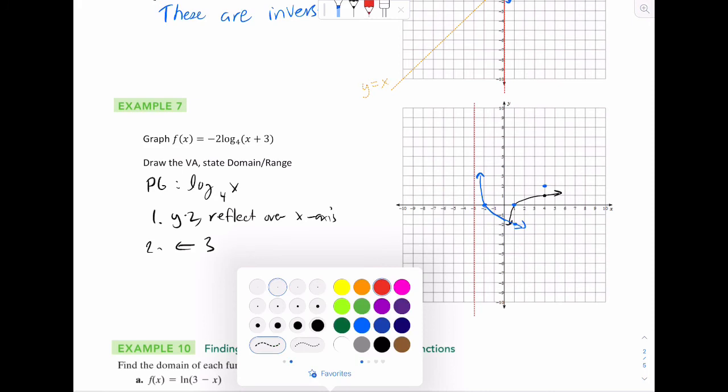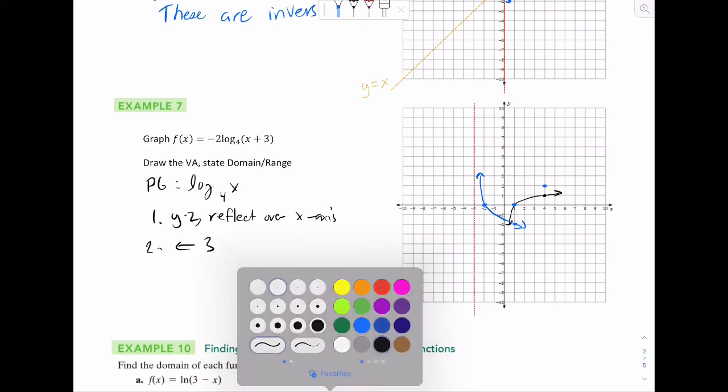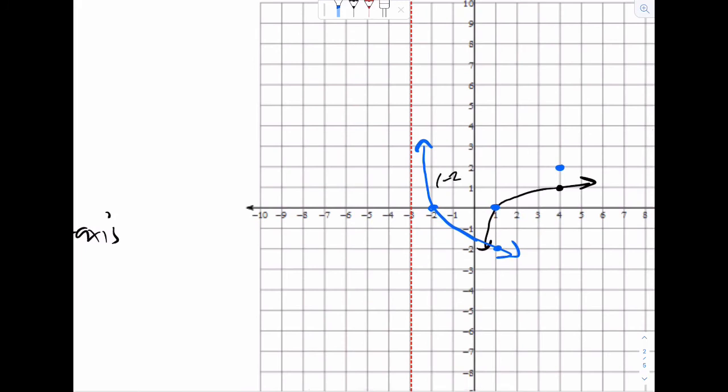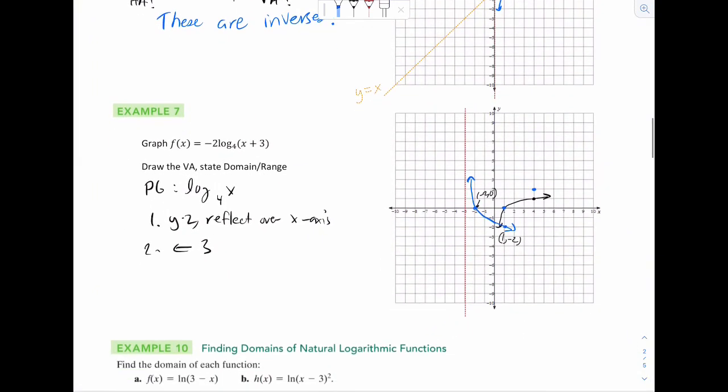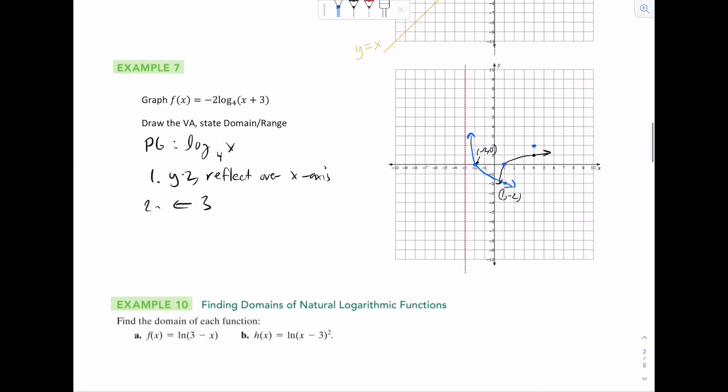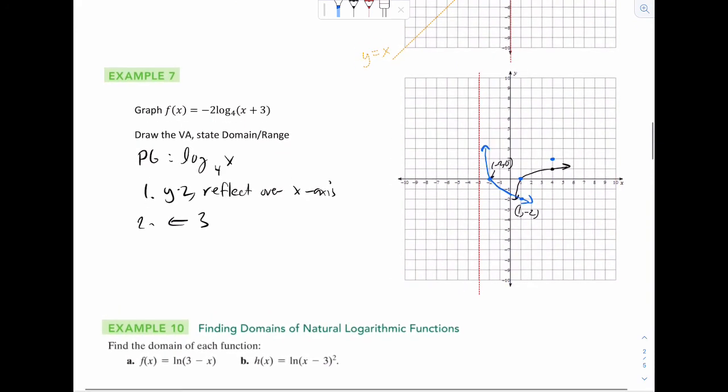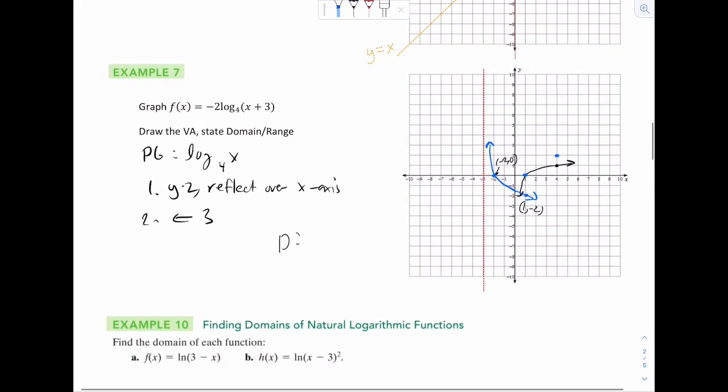And there's our graph. And I'll label those to be a little more clear. Negative 2 comma 0. And this is 1, negative 2. Domain and range. So domain I can see negative 3 to infinity. And the range should be all real numbers, since the graph goes up and down forever.